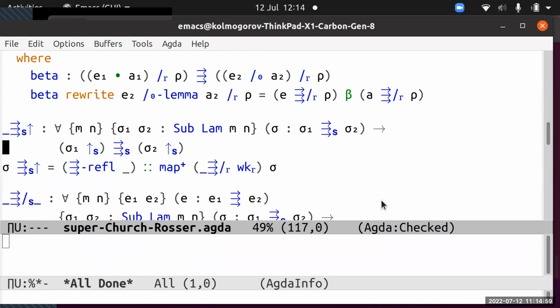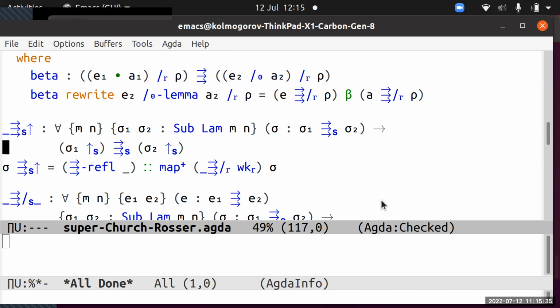But fortunately, because of the definition of lifting, that is simply an application of the proofs and relations version of the map function on vectors. So we have a pointwise relation between vectors, and proofs of that pointwise relation can be thought of as vectors of proofs. So we can map along vectors of proofs if we have corresponding transformations, and the corresponding transformation we use is the proof that they're closed under renaming that we already had in our back pocket from earlier.